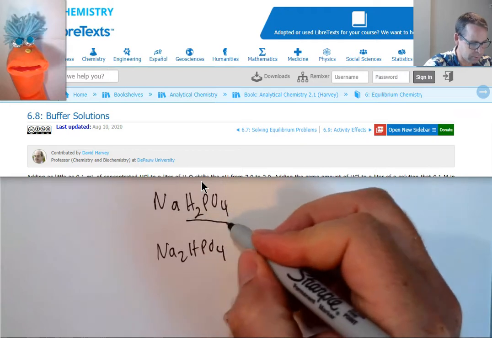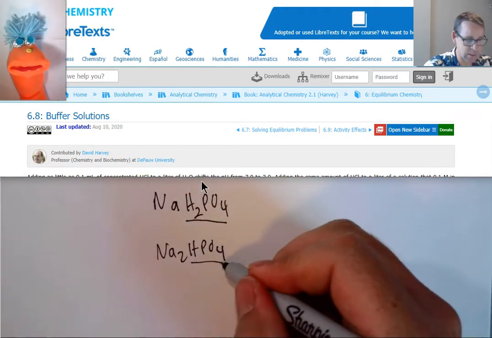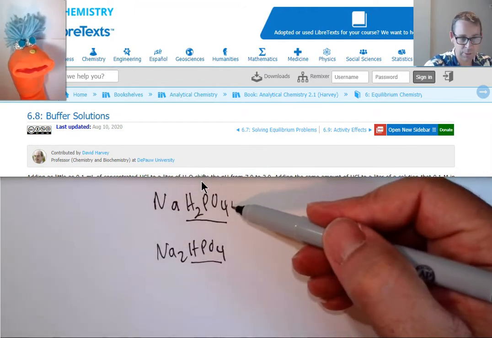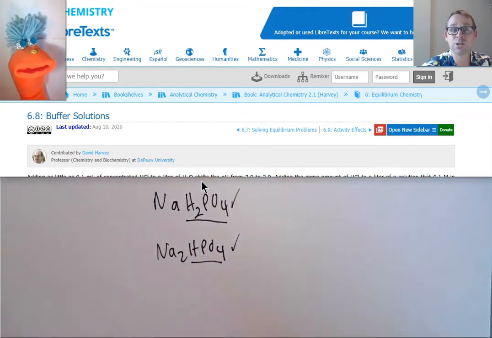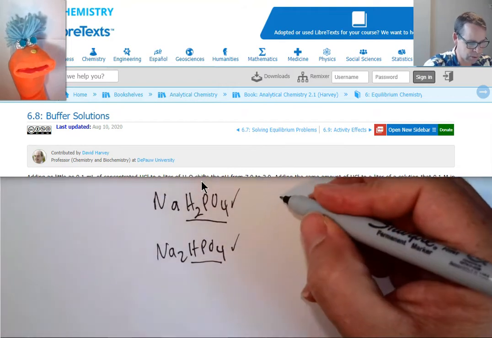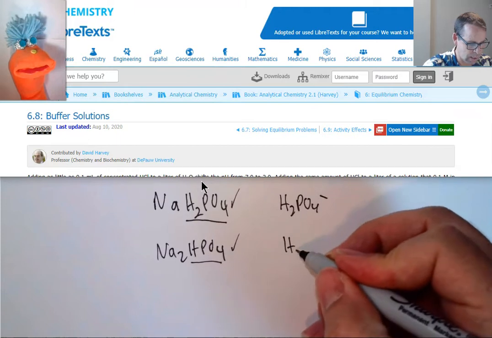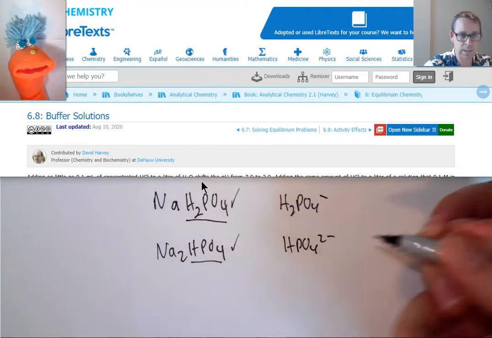So here I would have an acid, and there is its conjugate base. Neither of these are in their acidic form. These are both considered acid salts, we call them. But the result is you're going to have H2PO4 minus in solution and HPO4 2 minus in solution.